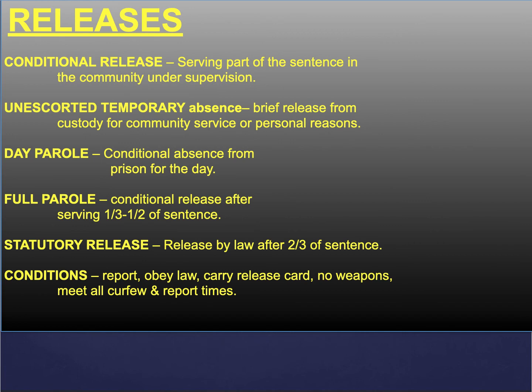There are different kinds of releases: conditional release, unescorted temporary absence, day parole, full parole, and statutory release. These are the kinds of conditions for release made available to those who qualify or who have served their time and paid their debt back to society.